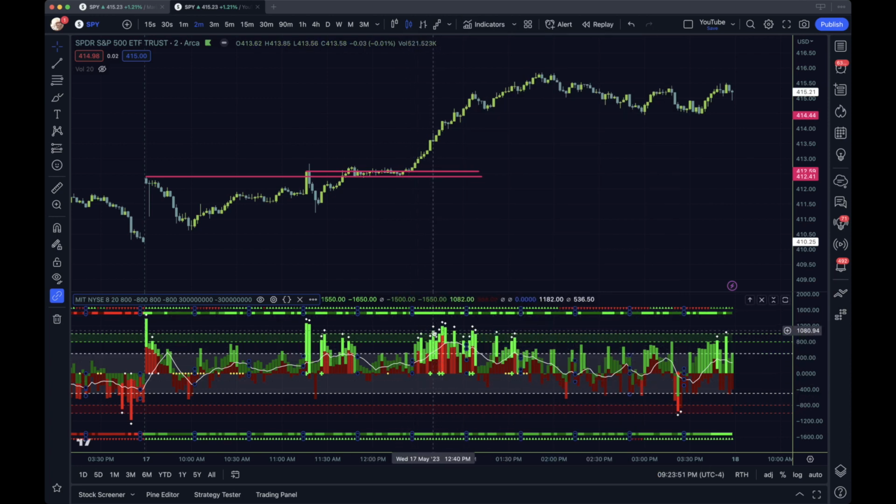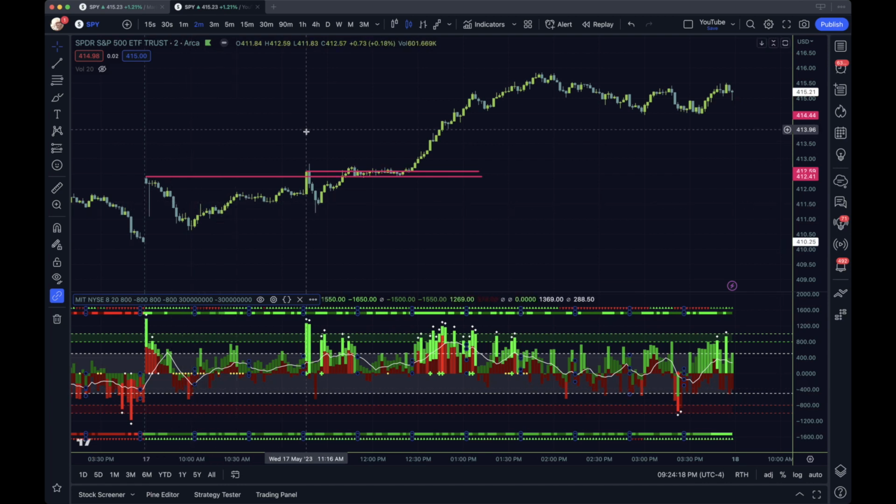These diamonds just indicate a high extreme or a low extreme. They could print yesterday near the end of the day, we had some at the low. Today, on the 17th of May, 2023, we had a ton up here at the highs. Ton of extreme closures, all these green crosses. Fantastic, right? Right as we're ripping. The way I use this is, one, I start drawing levels on the tick extremes.